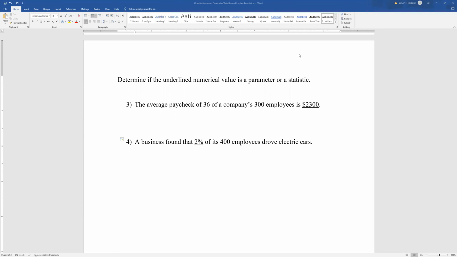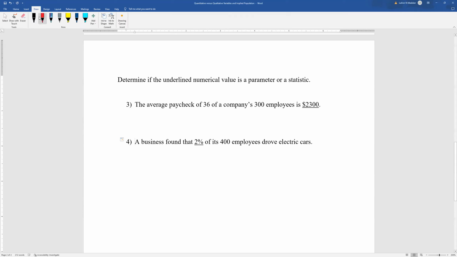But because we don't have all 300 employees in this calculation, it says that the average paycheck was from the 36 people they sampled. So this $2,300 does not represent all 300 employees. We are going to say that this is a sample that we're looking at for this data value, so this is a statistic.